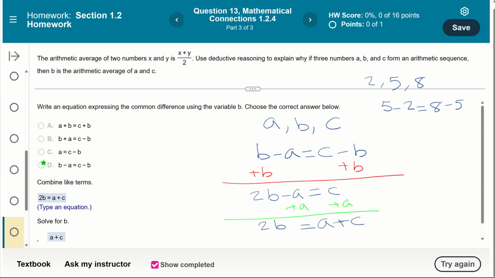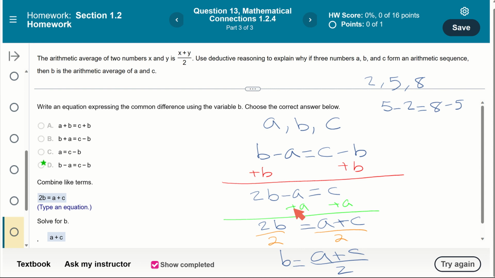So now we divide both sides by 2. And we end up with b is equal to a plus c over 2, which is exactly what we were hoping to accomplish.